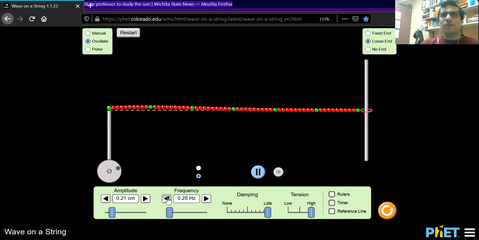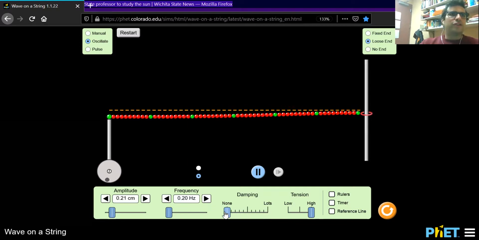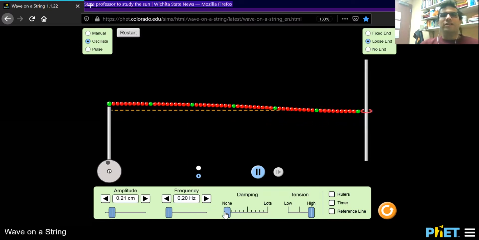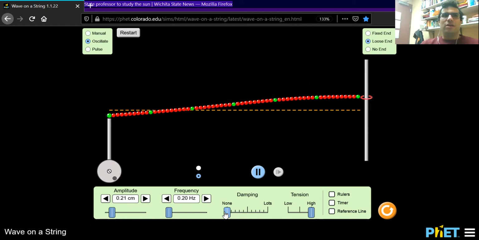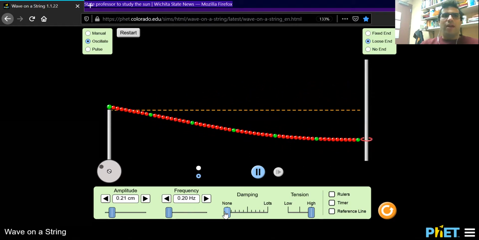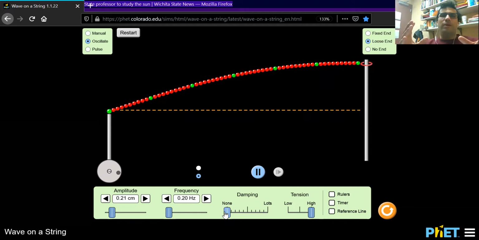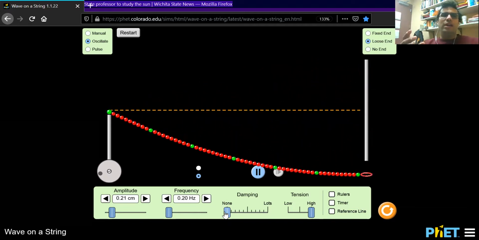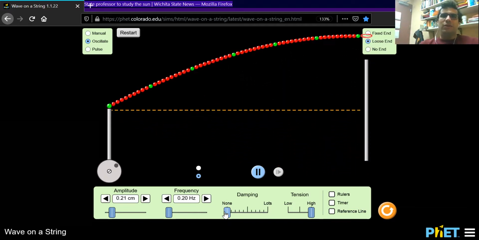So going down to 0.2 and then undamping the thing, we see that we form the first mode of oscillation for a medium with one end being the node and the other one being an antinode.